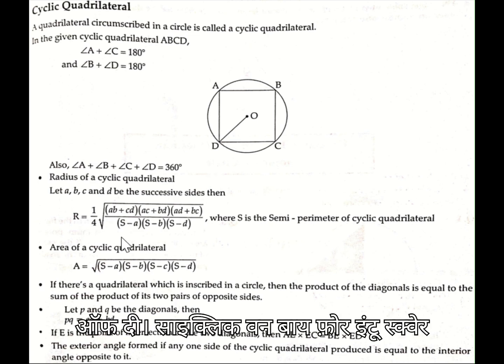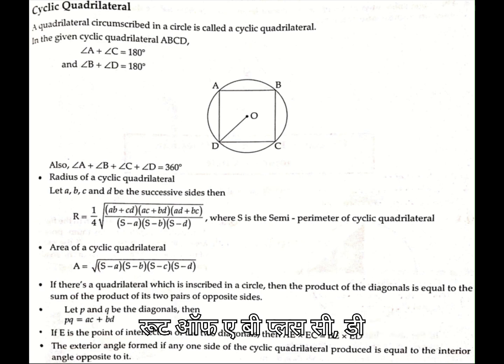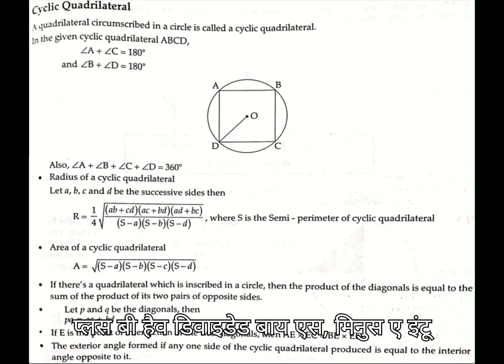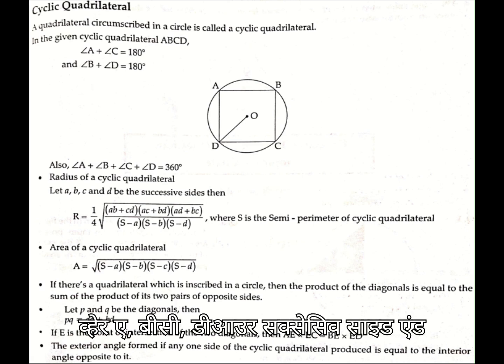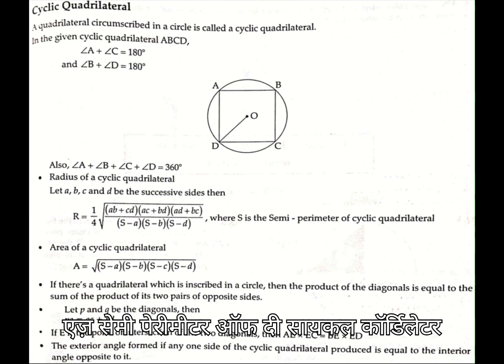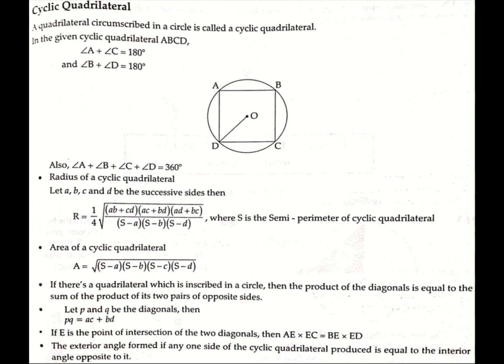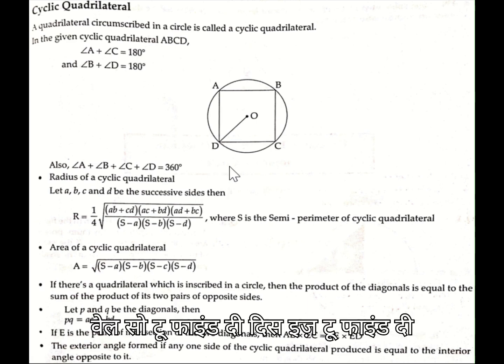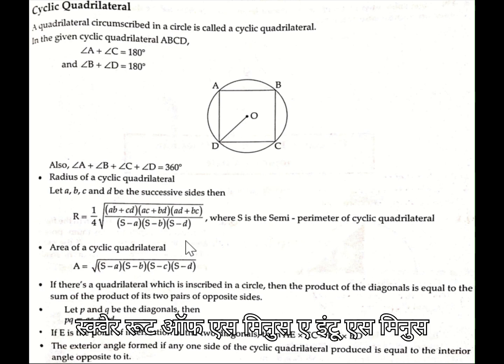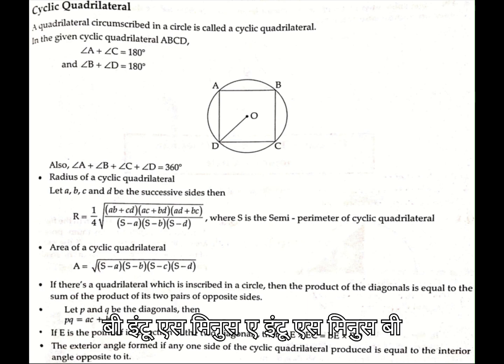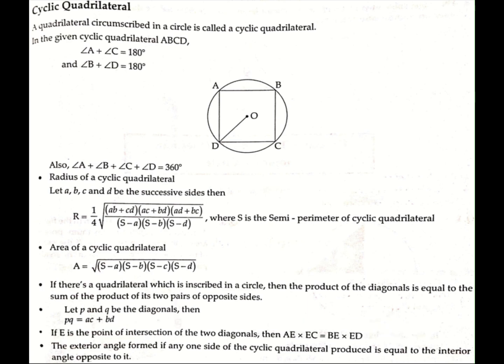R equals 1/4 times the square root of (ab+cd)(ac+bd)(ad+bc) divided by (s-a)(s-b)(s-c)(s-d), where a, b, c, d are successive sides and s is the semi-perimeter. So this is to find the radius of the cyclic quadrilateral. To find the area of the cyclic quadrilateral, simply apply the square root of (s-a)(s-b)(s-c)(s-d).